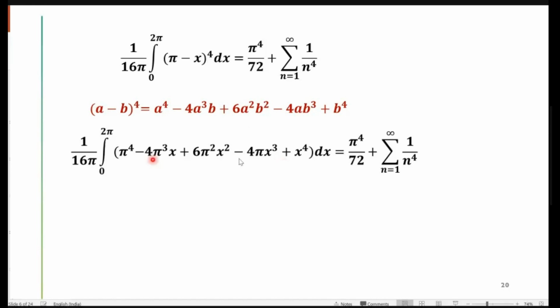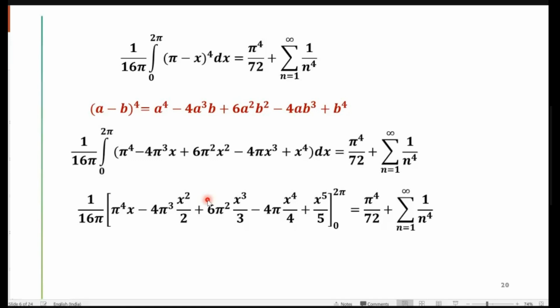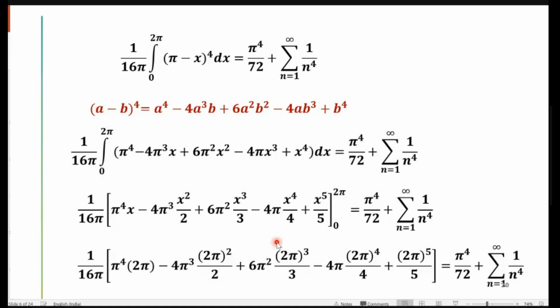So now integrate term by term, apply the upper limit, lower limit. Everywhere I am integrating now: x square by 2, x cube by 3, x raised to 4, x raised to 5 by 5. And then applying the upper limit and the lower limit, it will become 0. From that we have to find the value of summation 1 upon n raised to 4.